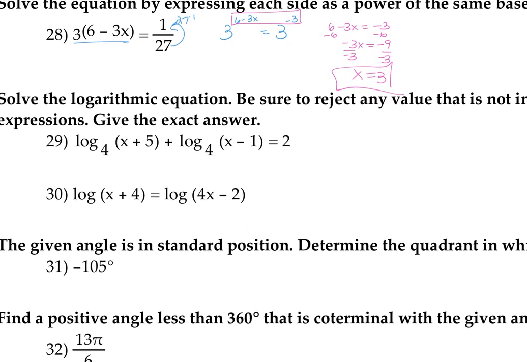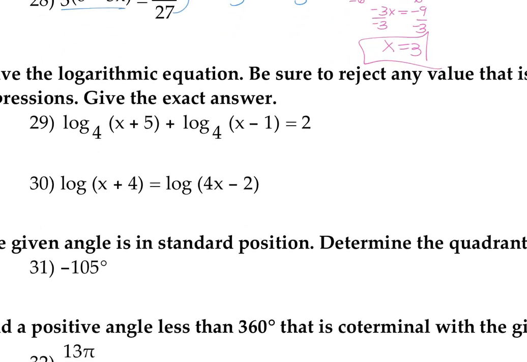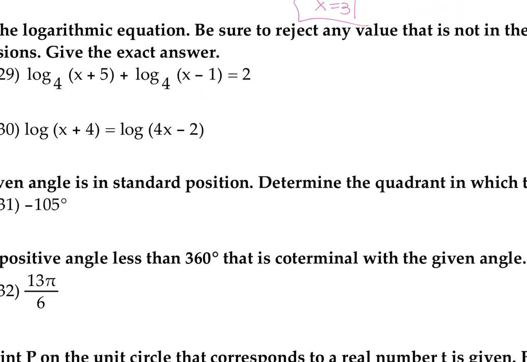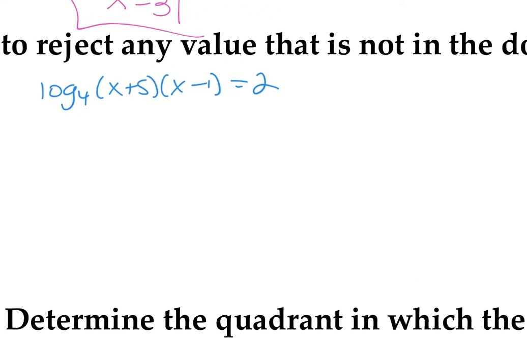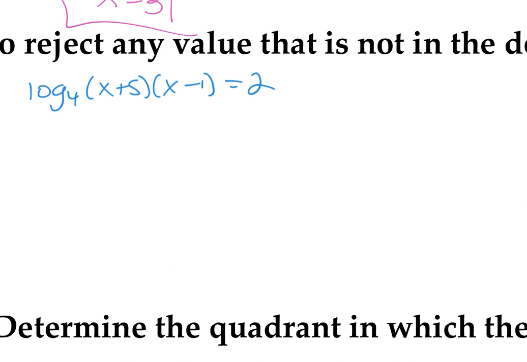29 and 30 are solving log equations. For 29, you've got 2 logs on one side, so we're going to condense first. Log base 4 of x plus 5 times x minus 1 equals 2. I have 1 log on one side, so I'm going to convert this to exponential. The 4 comes over and picks up the 2, and we FOIL this out.